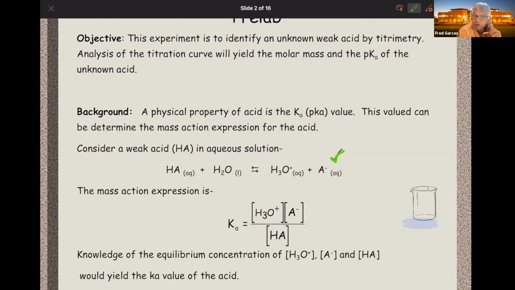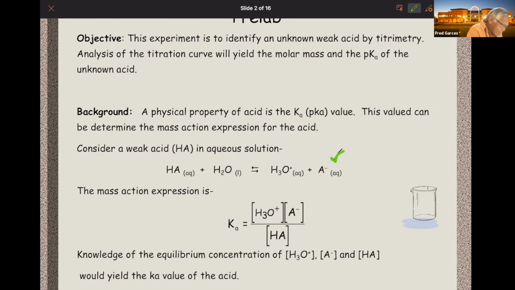But if you have an electrolyte, depending on whether it's strong or weak, the degree of dissociation will be more efficient if it's strong, less efficient if it's weak. So an acid in water will dissociate whether it's strong or weak. That's just the nature of an acid.